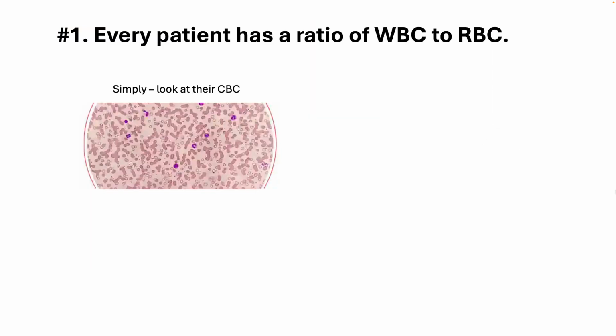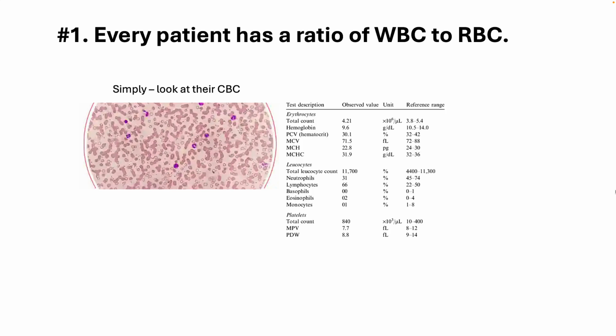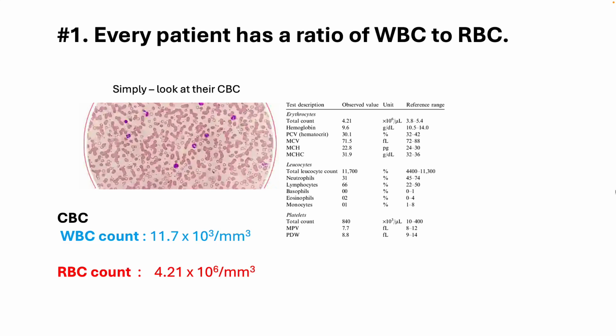Every patient has their own WBC to RBC ratio, which changes with underlying condition. These numbers are always reported on a complete blood count. In this case, white cell count is 11.7 thousand and your RBC count is 4.21 million per millimeter cube.